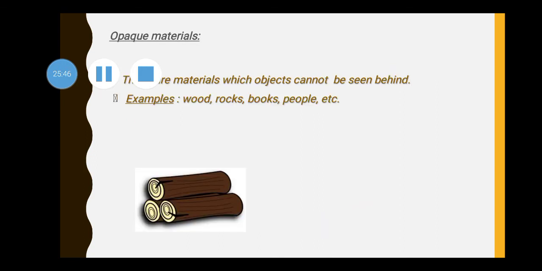Then we have opaque materials, like our body, which do not allow light to pass through them, and this also leads to the formation of shadow. We cannot see the object behind it, like wood, rock, book, people, and anything that you cannot see the object behind, we call it opaque.